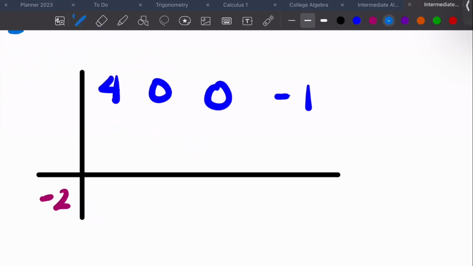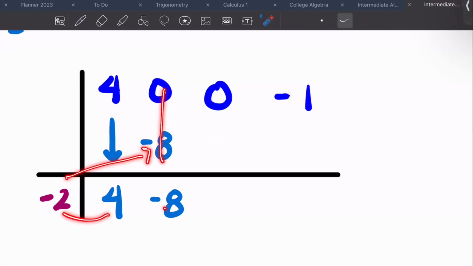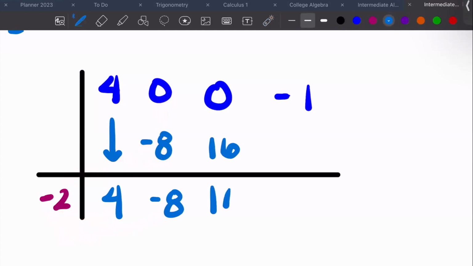Now our procedure goes: bring 4 down, multiply, add down. Oh, I messed up, this is negative, add down. That's positive, add down. That is negative, add down.